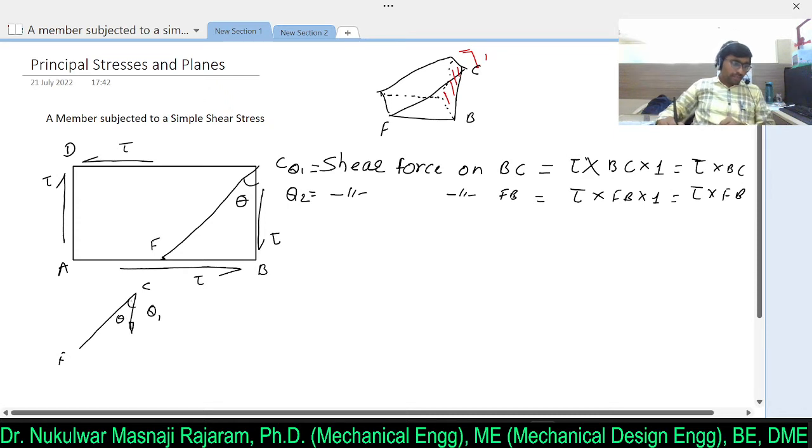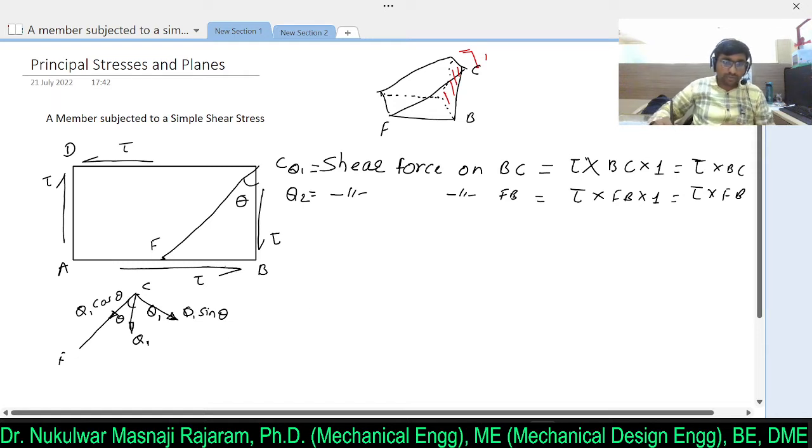Clear? Now we can evaluate the normal force due to this Q1 and the tangential force which is acting along this particular plane FC. Definitely this will become Q1 cos theta and this will become Q1 sin theta. Simple, as this is the force Q1 acting on BC.